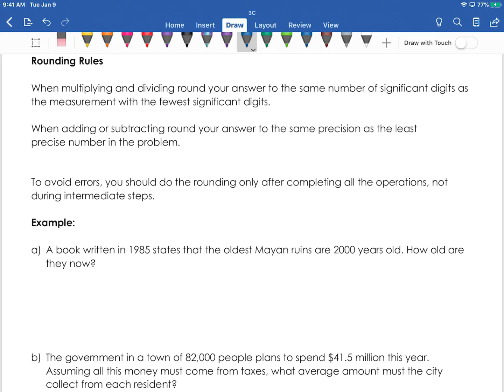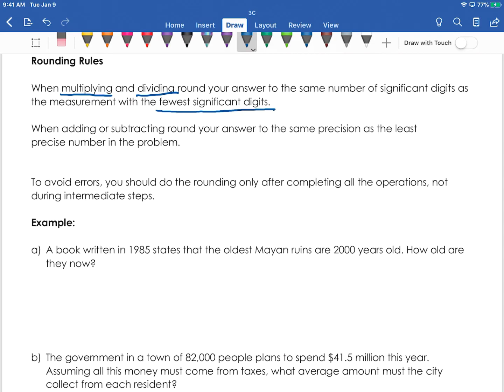So when you're multiplying and dividing two numbers, what you want to do is look for the number that has the fewest significant digits. When you're dealing with accuracy and how close you are to the true value, that's going to affect your significant digits. So multiplying and dividing, we're going to look at the number with the smallest number of significant digits, and that is how we are going to round our final answer.